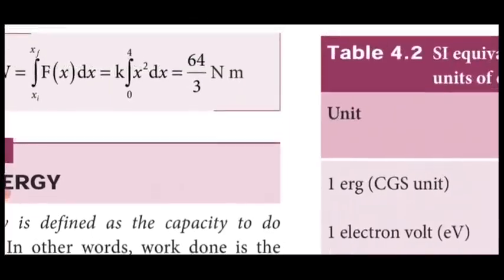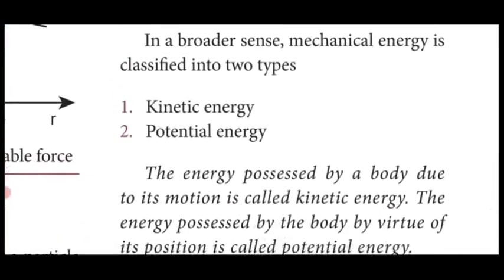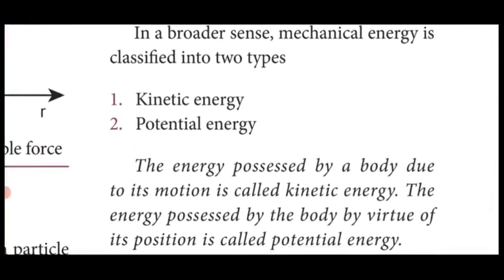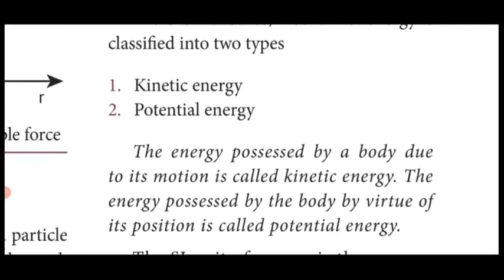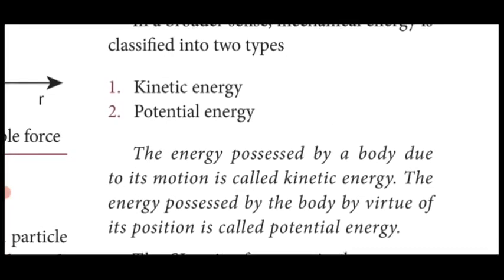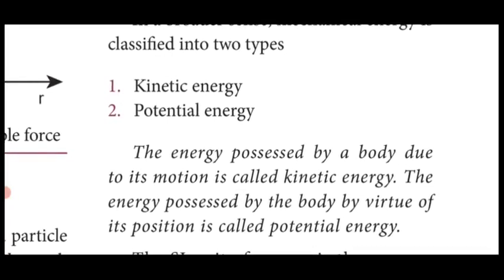In energy we have two different types: kinetic energy and potential energy. When the body is in movement, it possesses energy due to its motion, and that is kinetic energy.